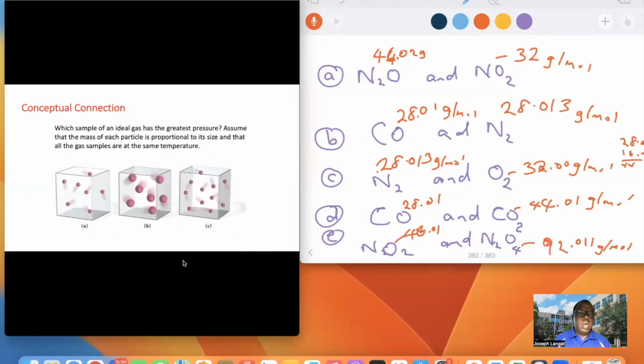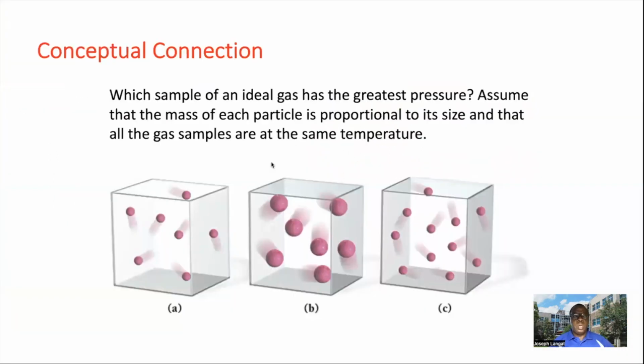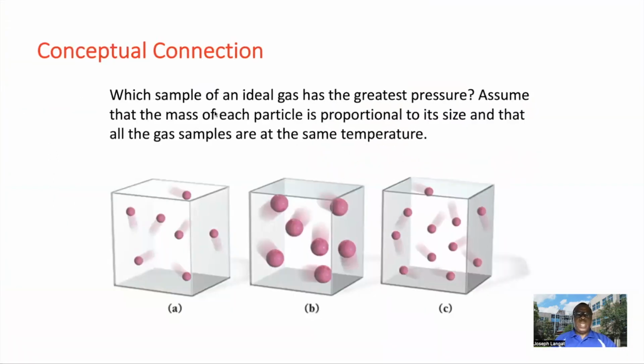Simple as that. Now, there is effusion and diffusion. Here, if we look at diffusion, conceptual question: which sample of an ideal gas has the greatest pressure? Assume that the mass of each particle is proportional to its size and that all the gas samples are at the same temperature.